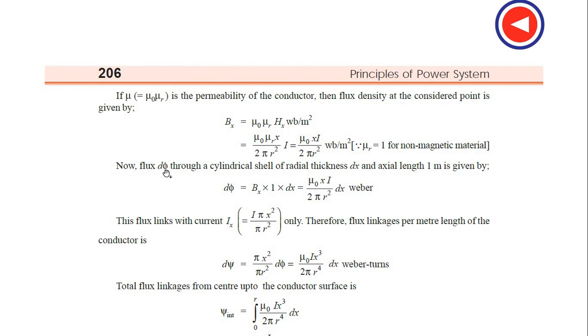Now flux, that is d phi, through cylindrical shell of a radial thickness dx. Okay, if we consider a small part of that conductor as dx and axial length as 1 meter, is given by d phi is equal to Bx into 1 into dx, that is equal to mu naught x I upon 2 pi r square into dx, Weber.